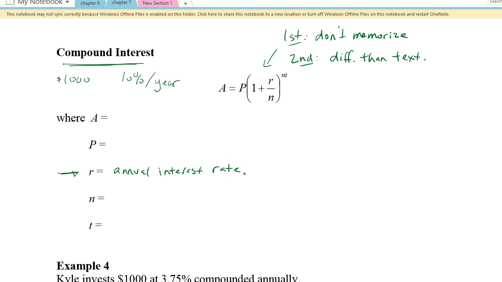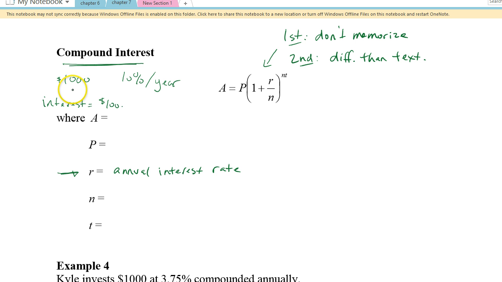Now, when you put money into the bank, if you were to wait till the end of the year, your interest would be equal to 10% of $1,000, which is $100. And then at that point your $1,000 would turn into $1,100.